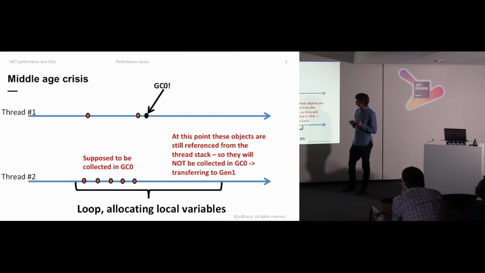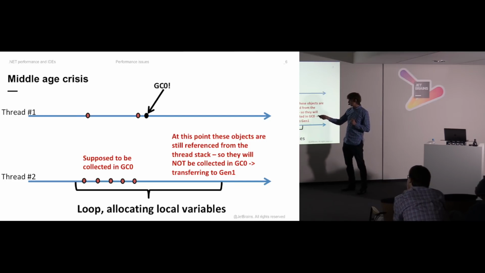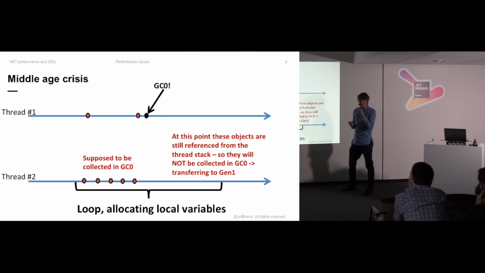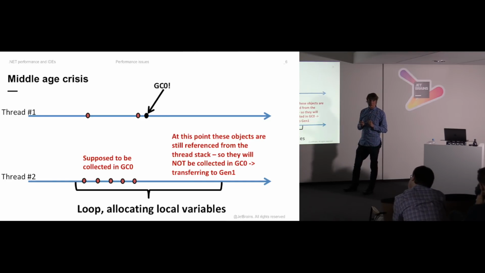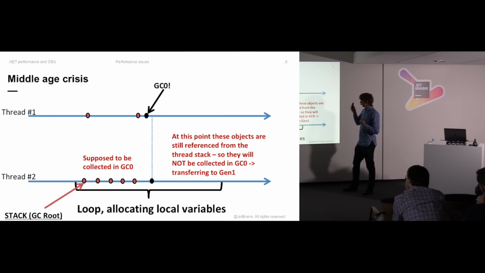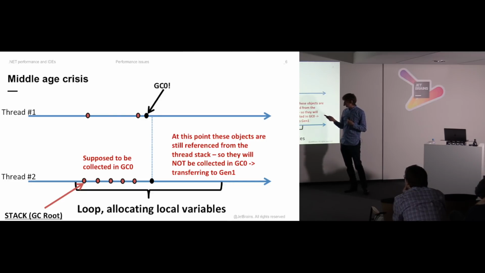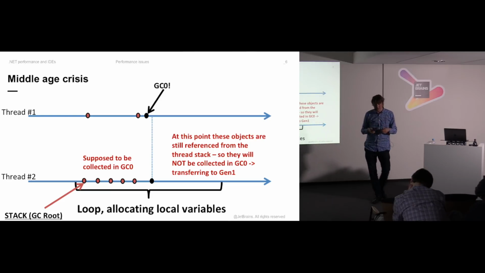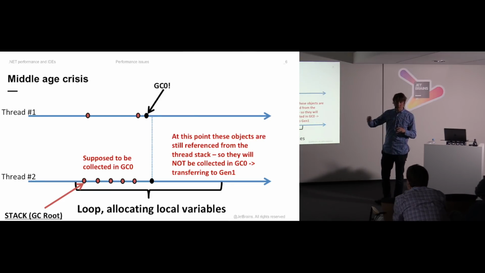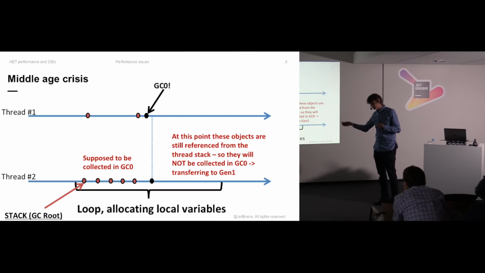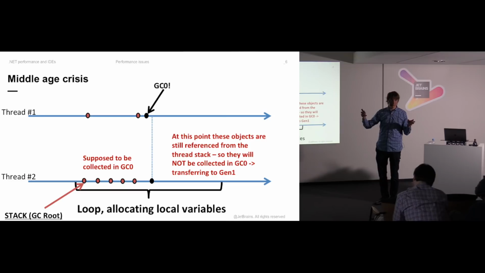Because of this, at this point, these objects on thread number 2, which were supposed to be collected by GC0, will not be collected because garbage collection 0 occurs, and at that moment these objects are reachable from roots. They are being used. So these objects allocated on thread number 2 will be, let's say, unfairly moved to the next generation, Generation 1 and Generation 2. Because of that, generation 2 might be even bigger, and garbage collection 2 might occur more often. Okay?